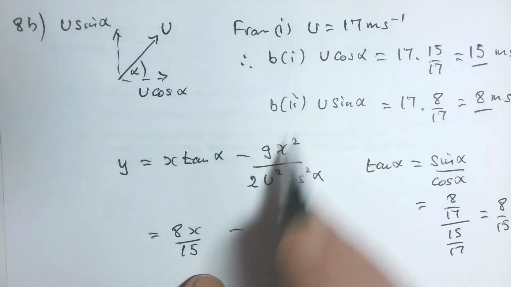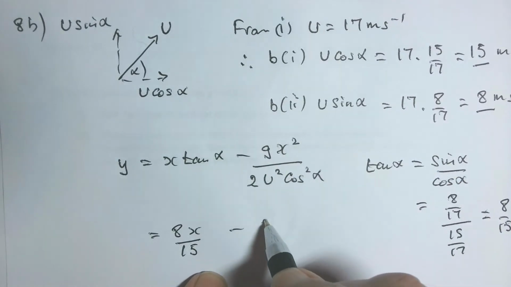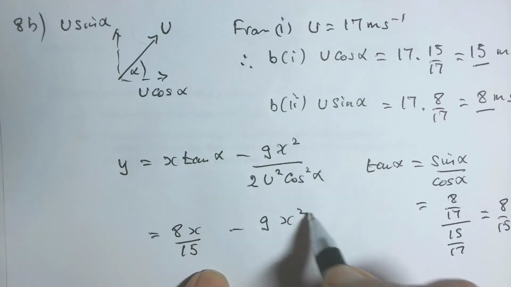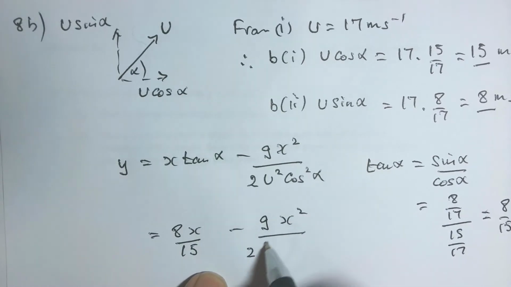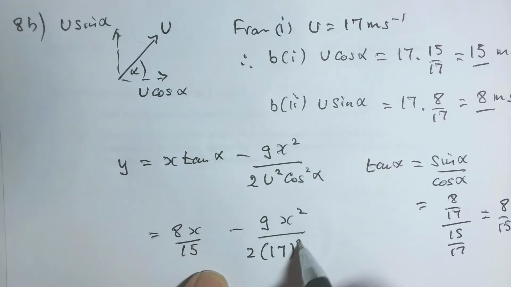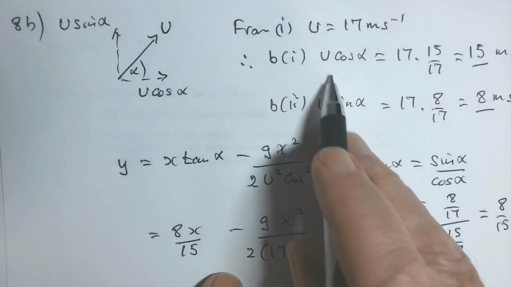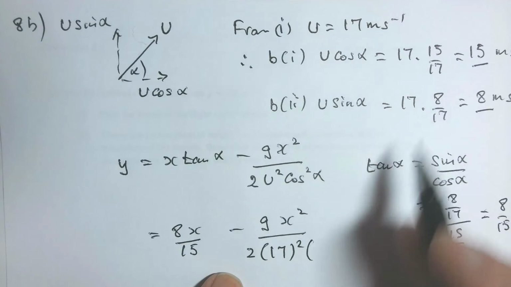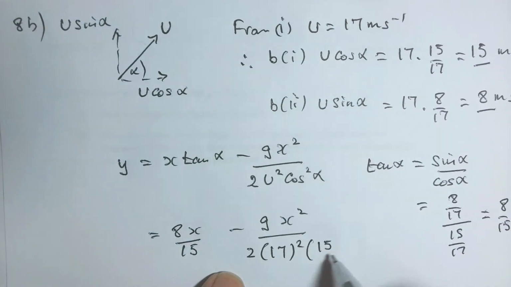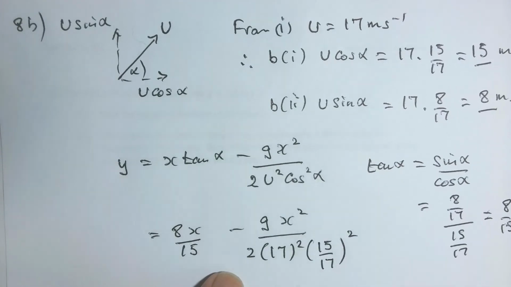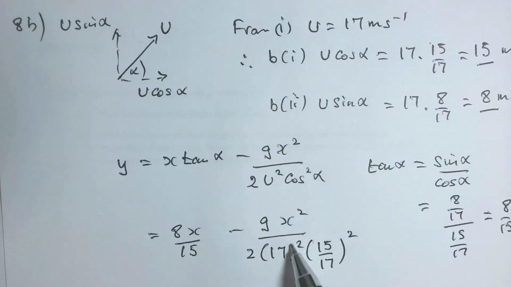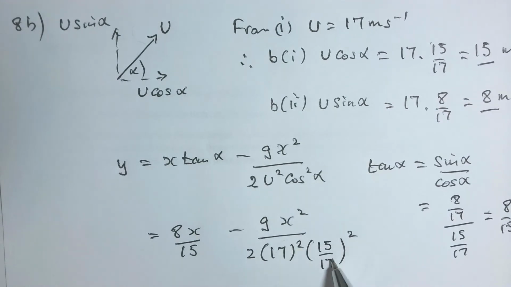We know u is 17, so it's minus g x squared over 2 times 17 squared times cos squared alpha, which is 15 over 17 squared. The 17 squared cancels, leaving 15 squared.